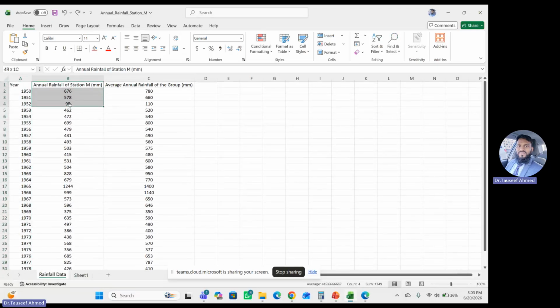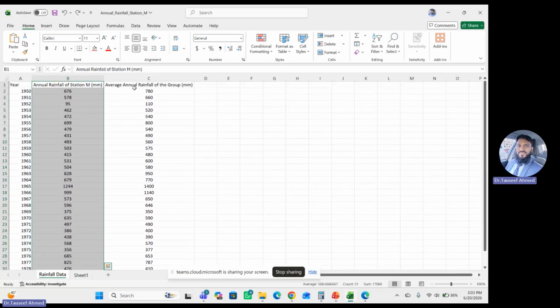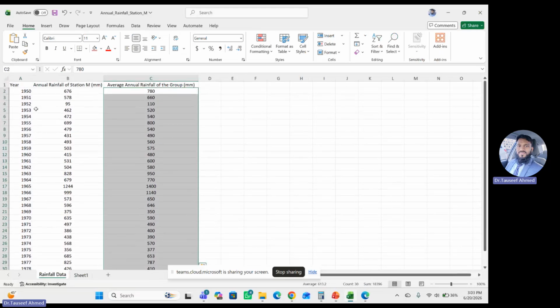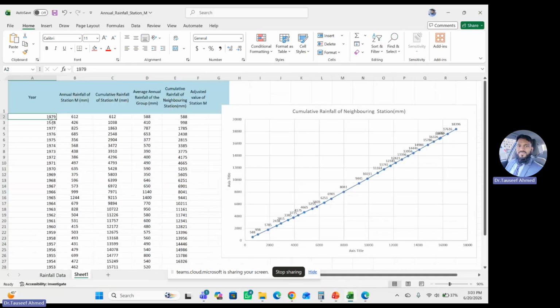The annual rainfall of station M is given up to 1979, and the average annual rainfall of the group of 10 stations is given from here to this. So from 1950 to 1979, I arranged the reverse order. Here you can see what I did.